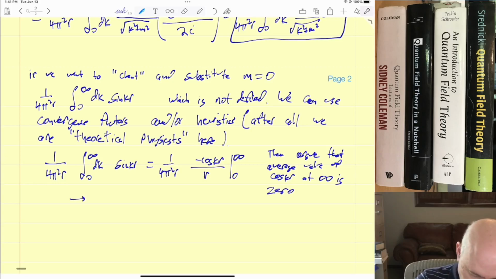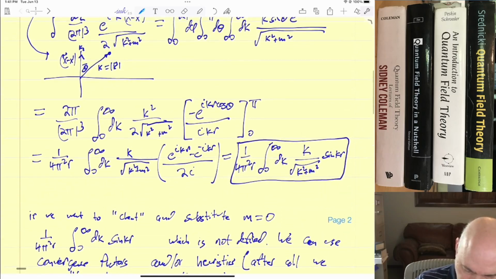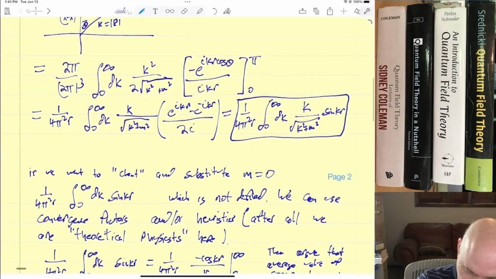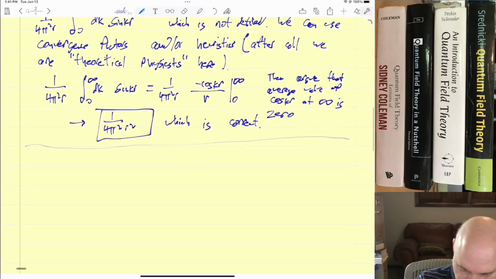And that will lead to 1 over 4 pi squared r squared, which is correct. Okay, so that is just an aside. We'll do it more rigorously, although I'm not really sure it's actually more rigorous.